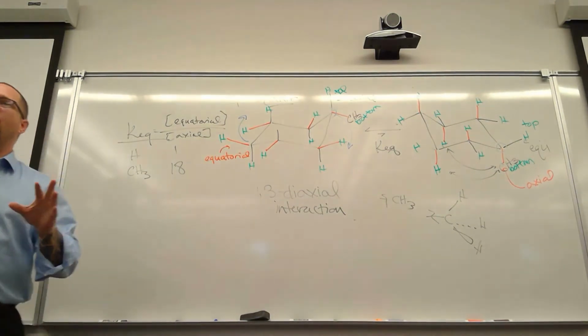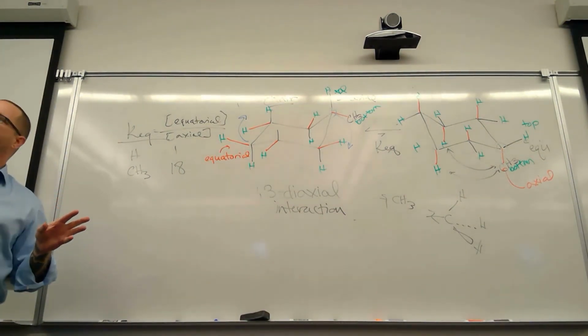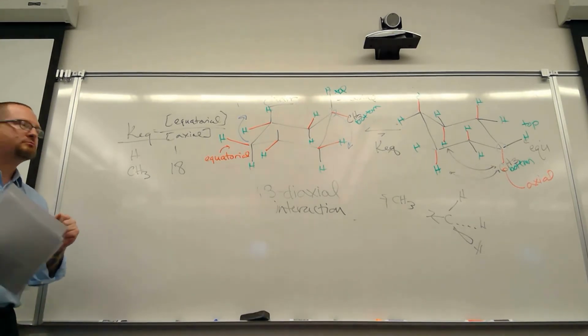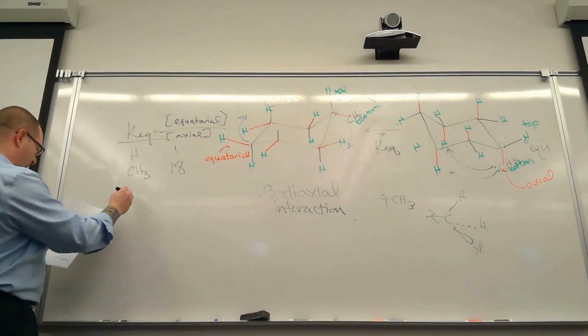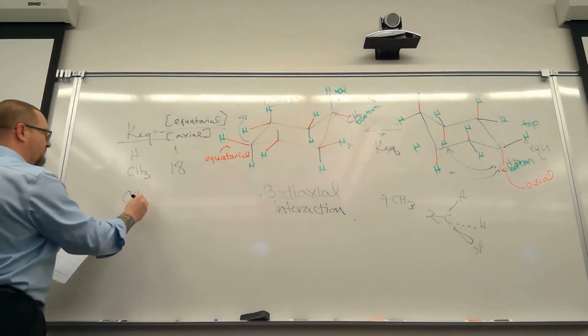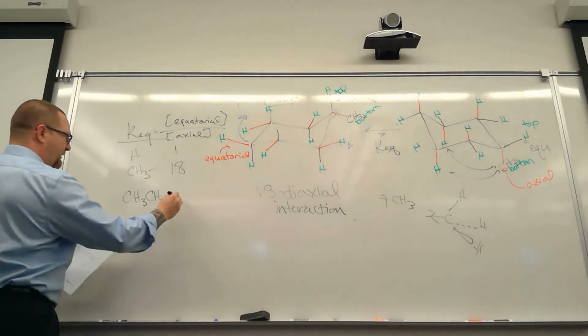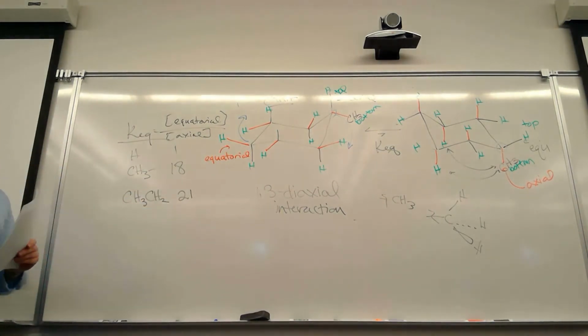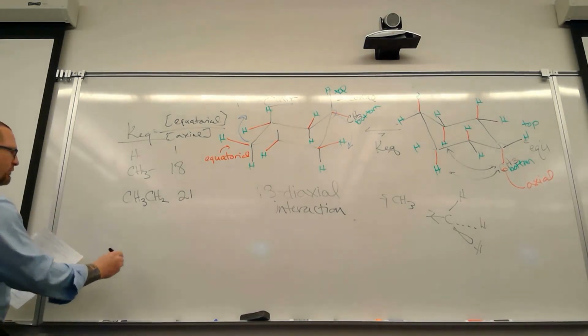Energetically, that's not an enormous favoritism. It doesn't take a lot of difference in energy to cause that degree of skew. But it's still significant because it's an 18-to-1 versus 1-to-1. If you make this an ethyl group, it becomes 21-to-1. It's not that big of a difference. What if we make a really bulky group like a tert-butyl group?